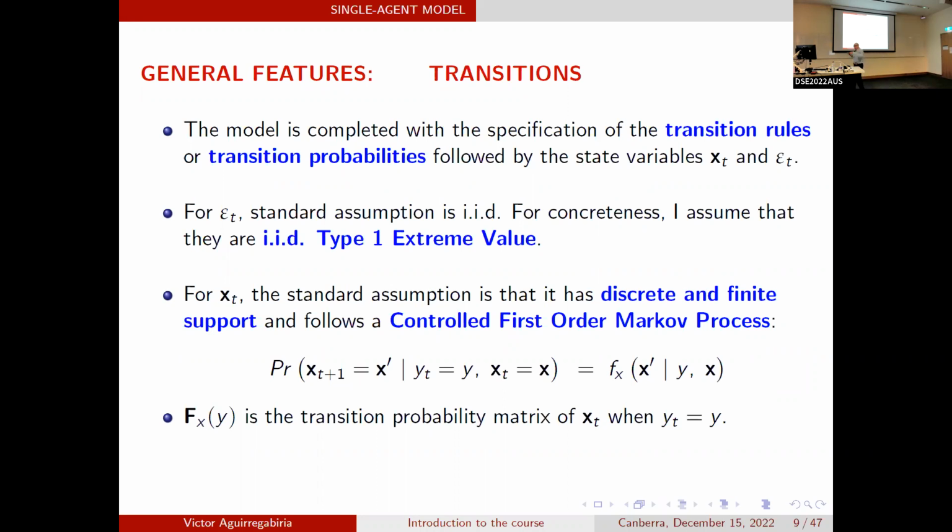And for concreteness, let me consider that we have type 1 extreme value, such that we have a specific expression for the integrated value function and for the choice probabilities. Okay. The x variables have finite support, and I use f_x to represent the transition probabilities of the state variable x conditional on the action y, and I will also use capital F to represent the transition matrix of the state variable when the choice at period t is y. Okay.